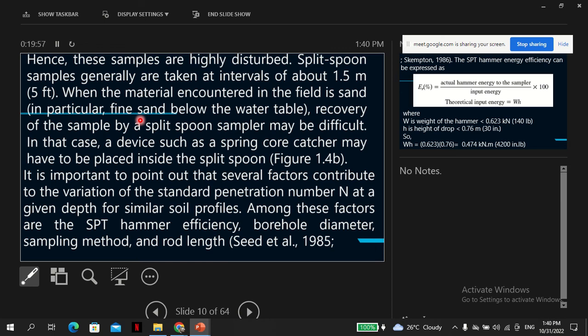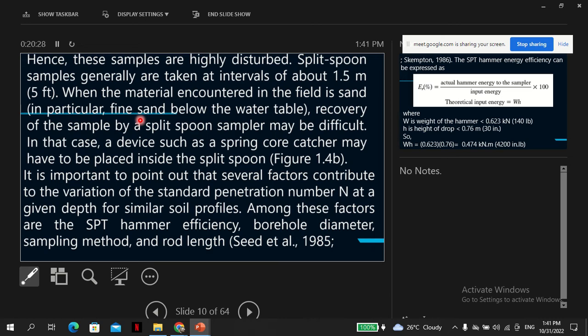So just to show you how difficult it sometimes is to obtain a perfectly undisturbed sample, and that also gets into the discussion of what the definition of a disturbed or undisturbed sample is, which is beyond the scope of this class. As these samples are highly disturbed, split spoon samples are generally taken at intervals of 1.5 or 5 feet.